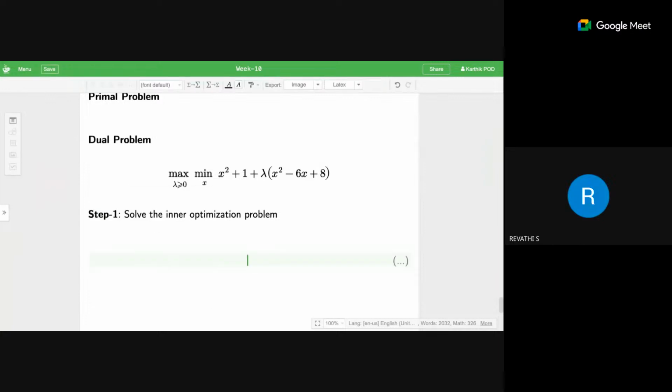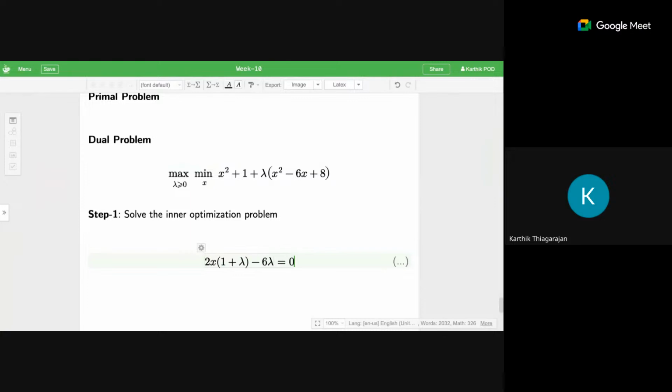Take the derivative with respect to x. Can you tell me what the derivative will be of this function? 2x into 1 plus lambda, minus 6 lambda. Okay, this is the derivative, and we set it to 0.